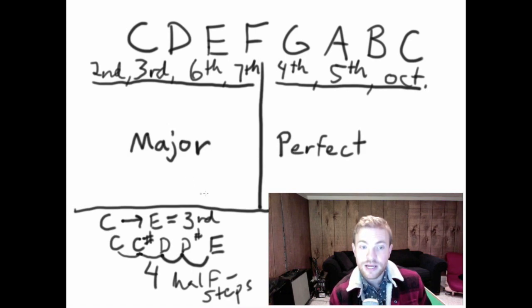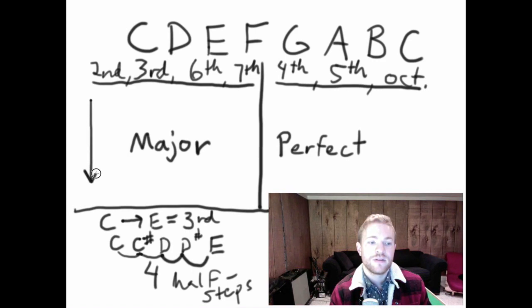So now that we have kind of a yardstick that we can measure against, what would happen if we shortened that interval by 1/2 step? So on this side, I'm going to say minus 1/2 step.